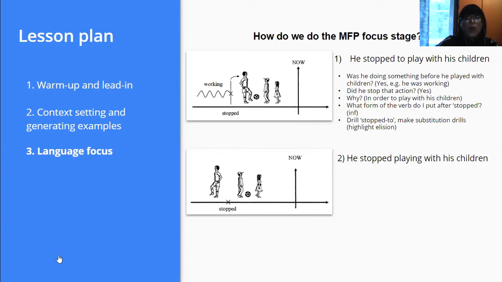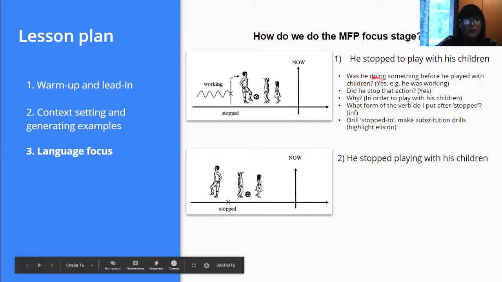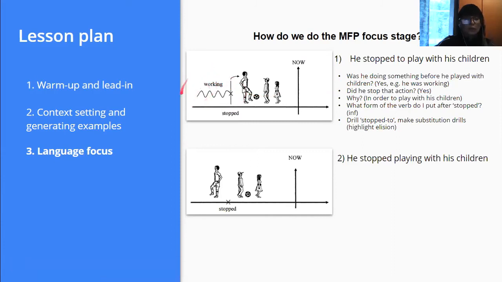For example, was he doing something before he played with children? Oh yeah, yes. We may just take a look at this picture and you might have noticed that he was working. Did he stop that action? Oh yeah, he stopped this action. But why? Just in order to play with these children. And afterwards, we would have to elicit the form.